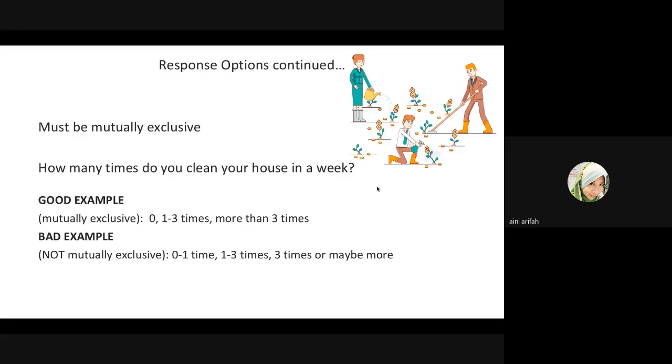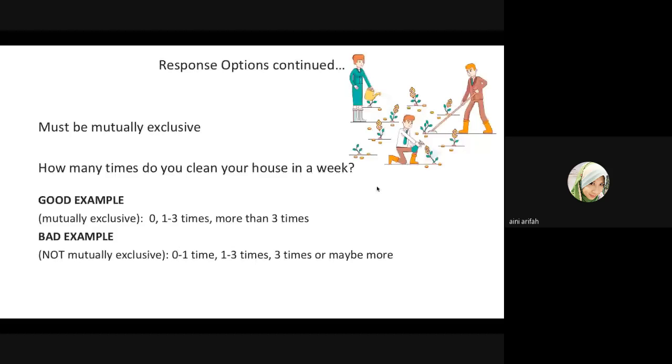But if you look at the bad example, 0 to 1 time, 1 to 3 times, and 3 times or maybe more. If I were to answer this question and I only clean my house once a week, I do not know whether to answer 0 to 1 time or 1 to 3 times. So make sure that the options for the responses are mutually exclusive so this kind of example doesn't happen.